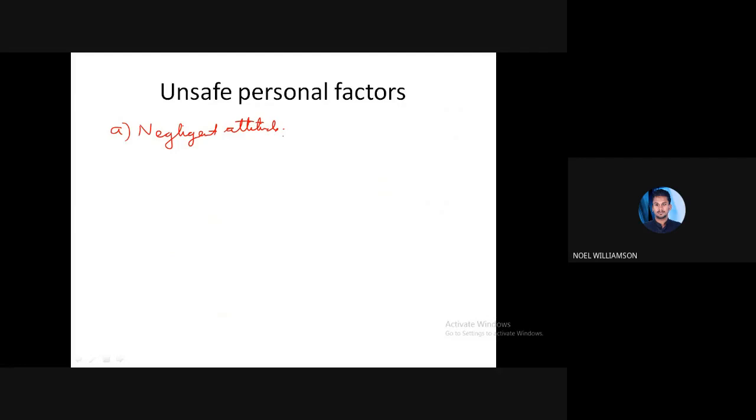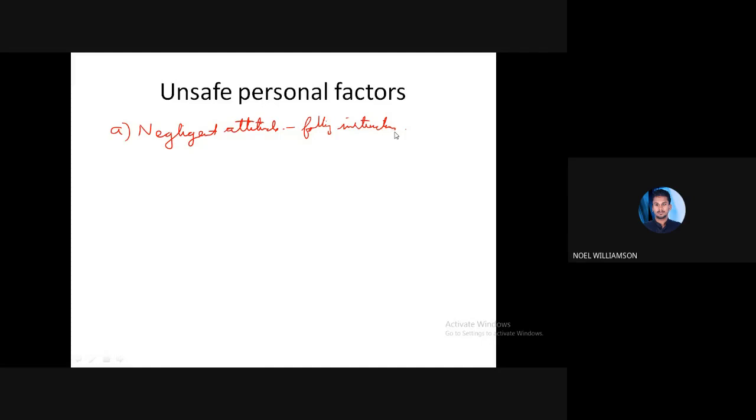Negligent attitude. So, negligent attitude of the worker towards following the instructions. Many instructions will be given for a particular mechanism or for a machine to operate. These are the standard instructions given. But what happens is the worker will have an attitude that it does not matter much if this is not done.